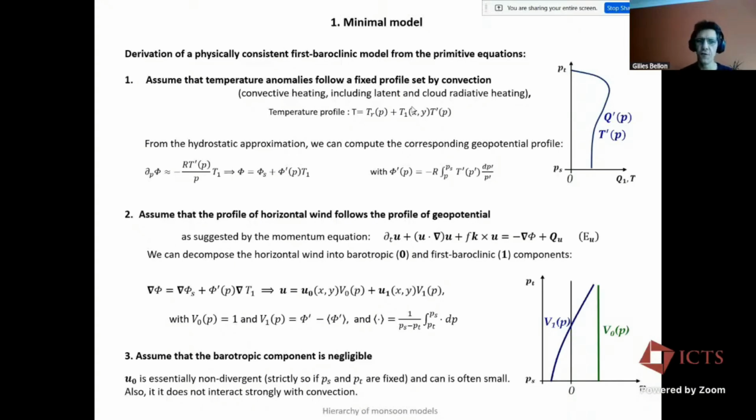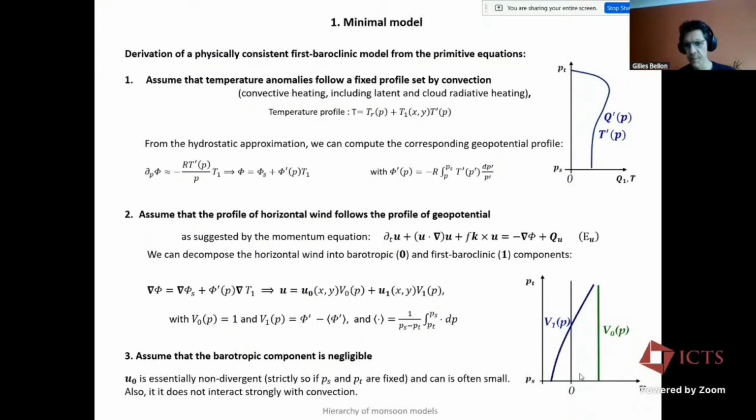When you do that, you still have two dynamical modes. One that's homogeneous on the vertical, that's the barotropic mode. Then you'll have a first baroclinic component that is going one way in the upper troposphere and the other way in the lower troposphere, and whose vertical integral is zero.